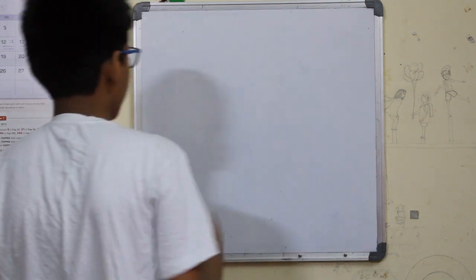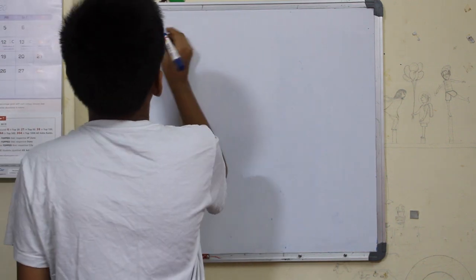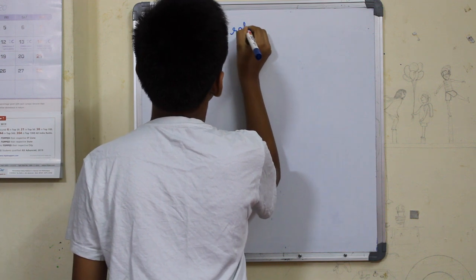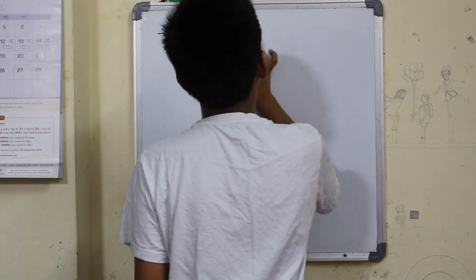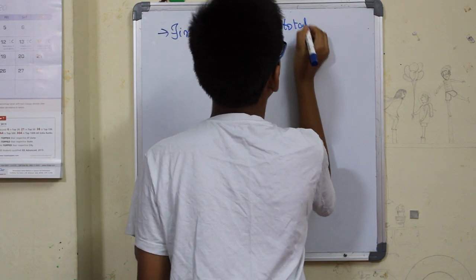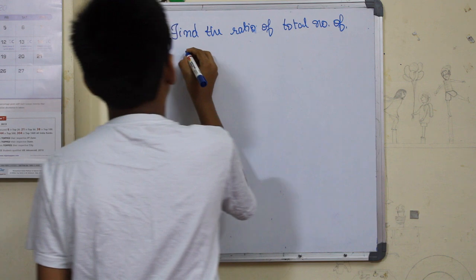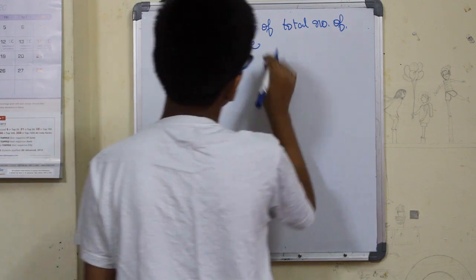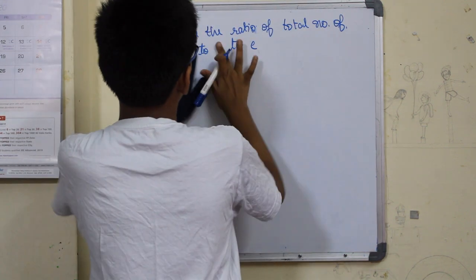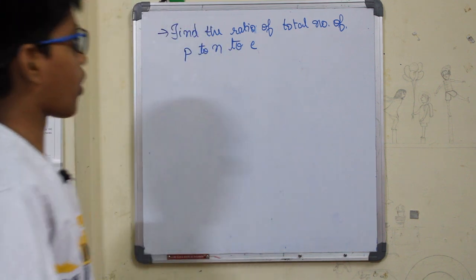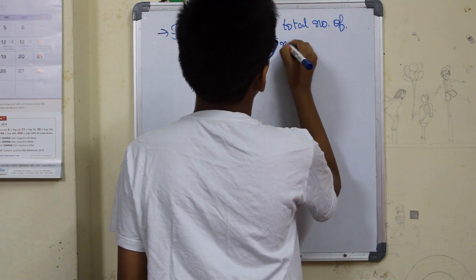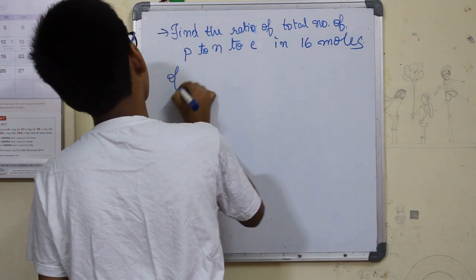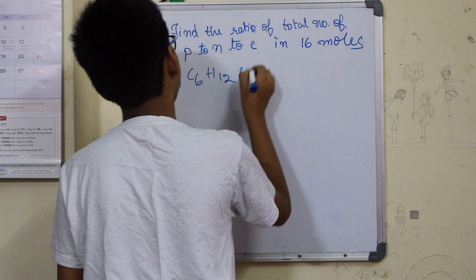The comment question is: find the ratio of total number of protons to neutrons to electrons in 16 moles of C6H12O6.